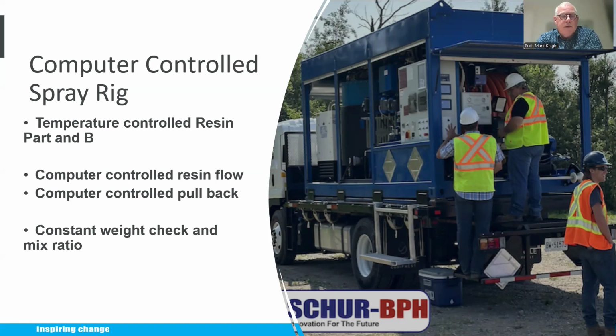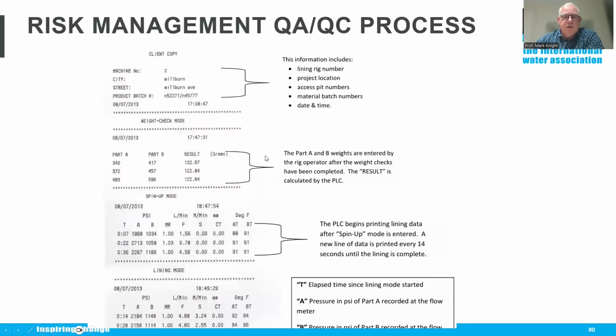It constantly measures the resin flow. It measures the pullback speed of the umbilical. And we have the ability to do weight checks and to make sure that we're on ratio at all the time. So the equipment is very sophisticated, it's automated, and once it's programmed and it starts, it automates the whole process.